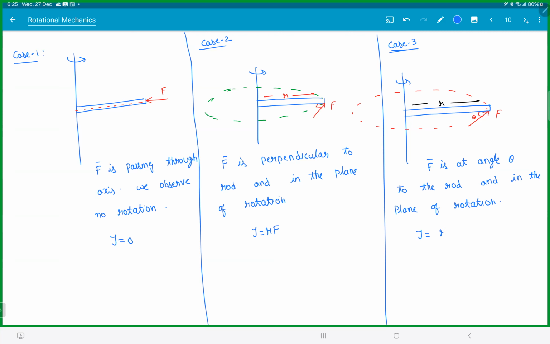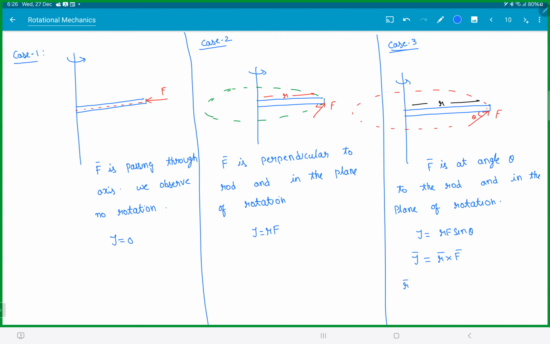We end up with torque is equal to R F sine theta. Because if you resolve this into two components, F cos theta will be like case 1, and F sine theta will be case 2. So we get torque is equal to R bar cross F bar.